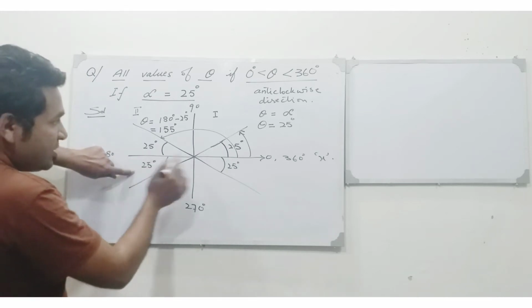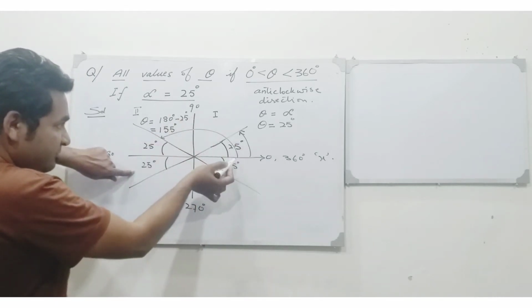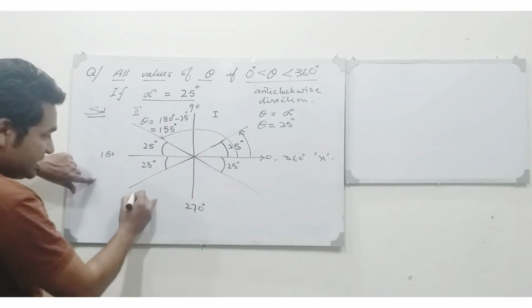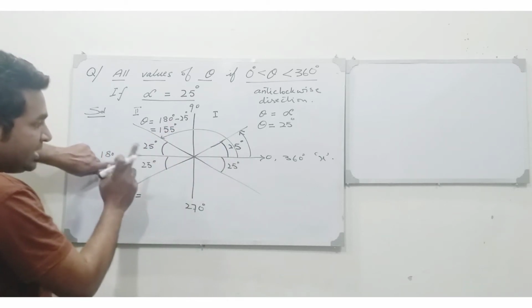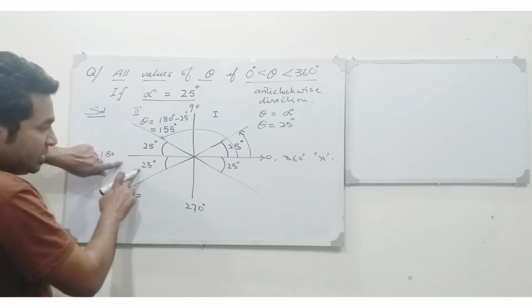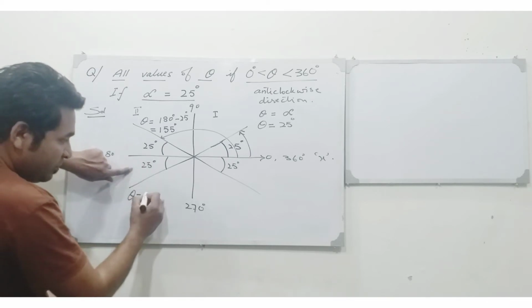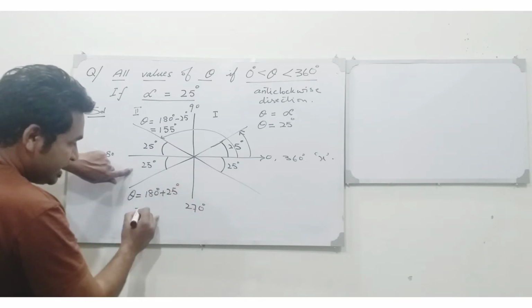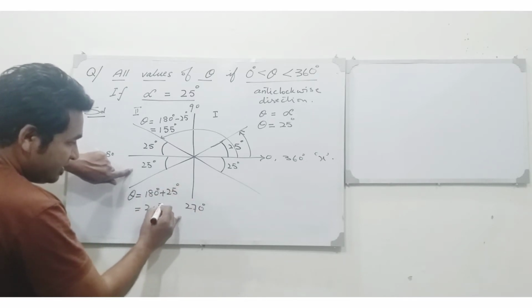Here in this quadrant you have to find the value of theta from 0 till this line. So theta equals 180 plus alpha, and the value of alpha is 25, so it is 180 plus 25, which is 205 degrees.